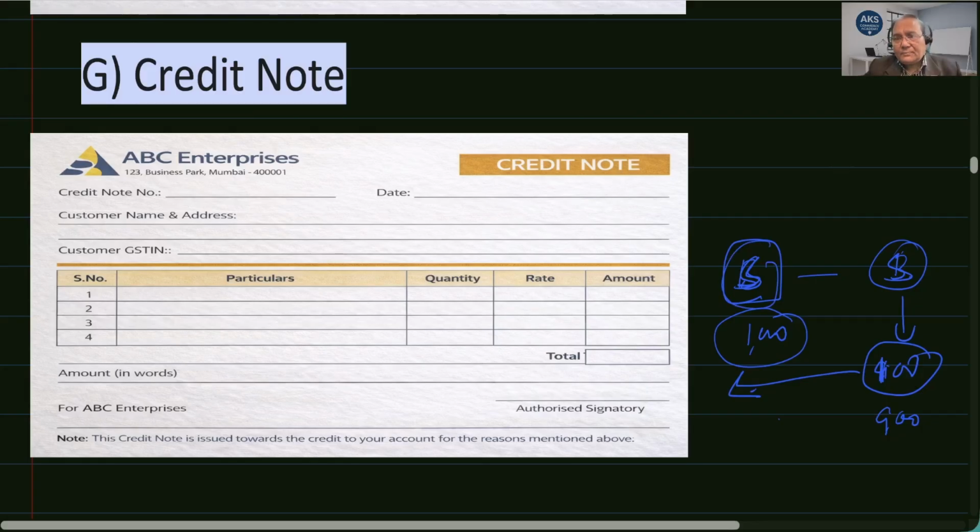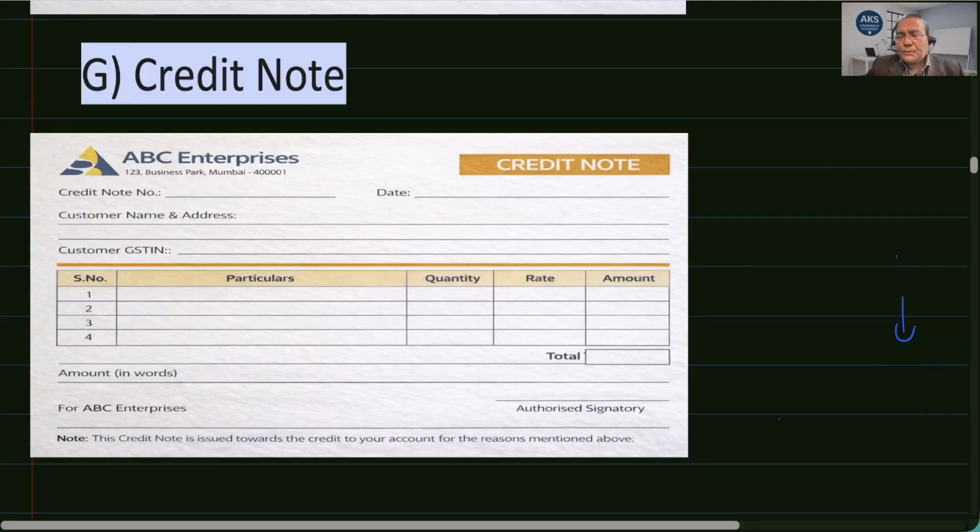I'll make you understand with a different example so that you can understand it further. There are two people involved here, one is the buyer and the other is the seller. The buyer has bought certain goods from the seller, so the seller has supplied goods to the buyer.